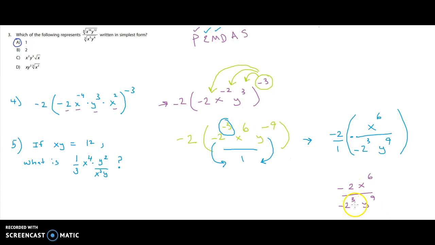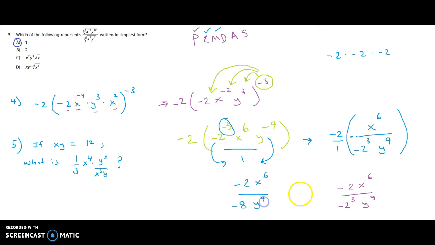Because on the SAT, they would expect you to figure out what this number down here is, this -2 to the 3rd power. That's really asking, what is -2 times -2 times -2? So that's going to be -8, right? So we're going to have -2 x to the 6th on the top, -8 on the bottom, y to the 9th.